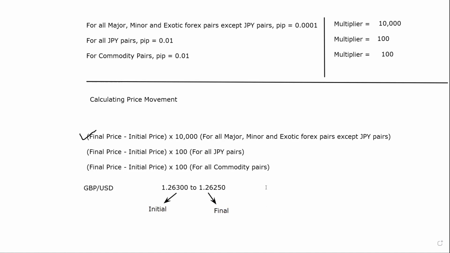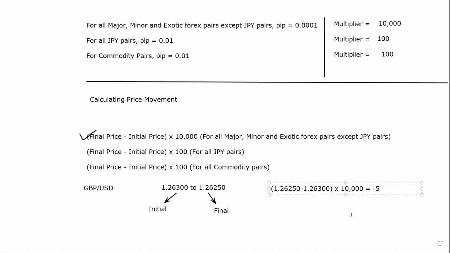So we're just going to put the values in now. The final price is 1.26250 minus 1.26300. And then we're going to multiply it by 10,000. Let's see what answer we get here. We will get an answer of -5.